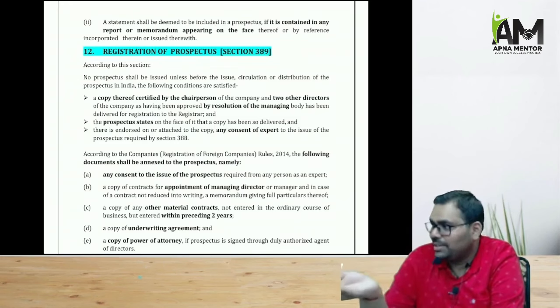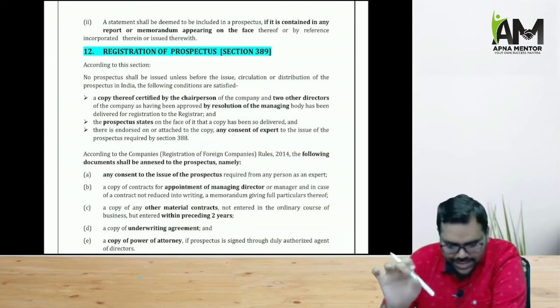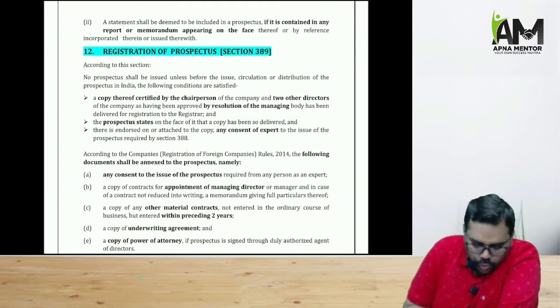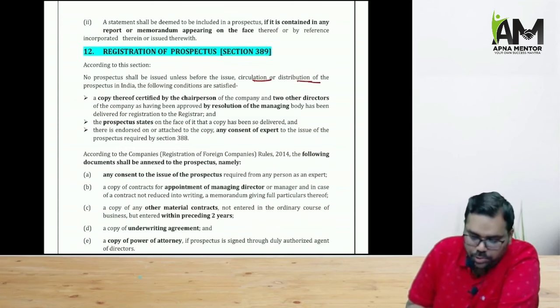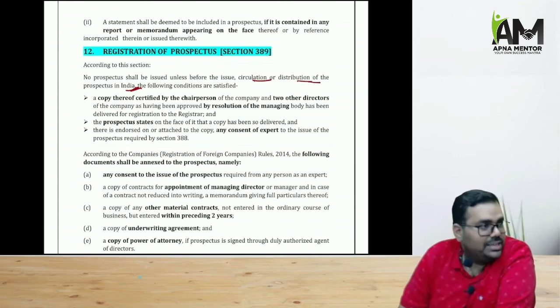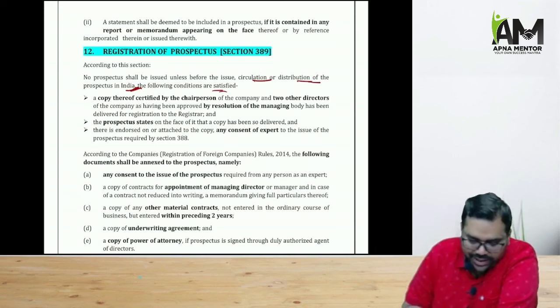Otherwise, how will the ROC rely? So what they are saying is, no prospectus shall be issued unless before the issue, circulation or distribution of the prospectus in India, the following conditions are satisfied.